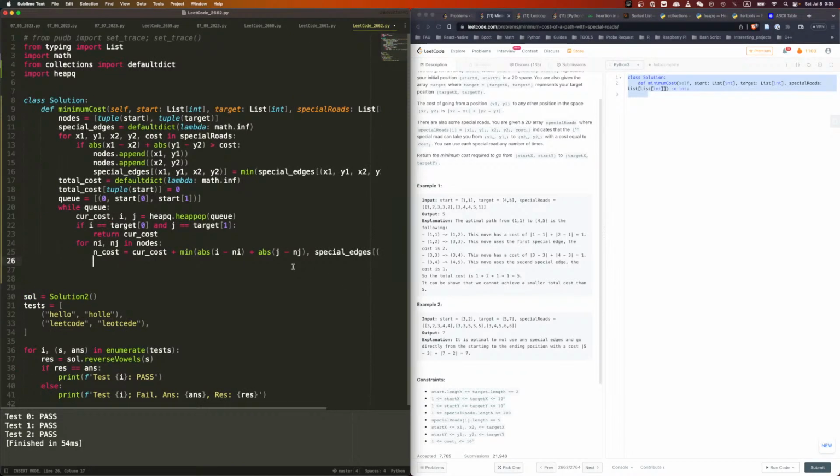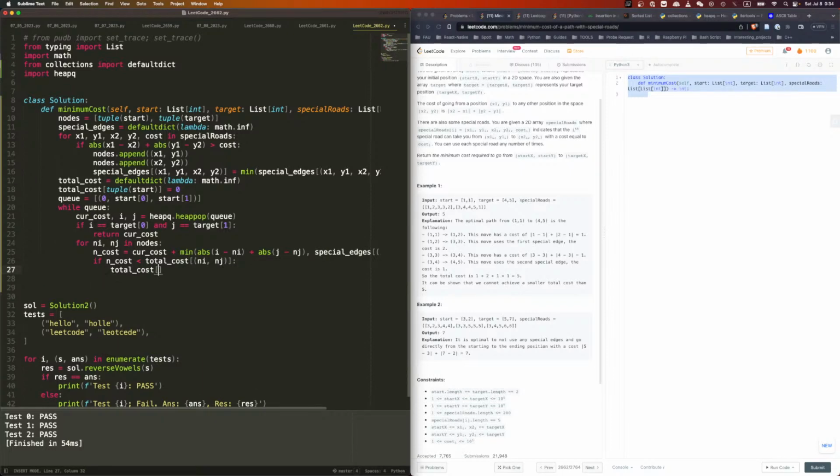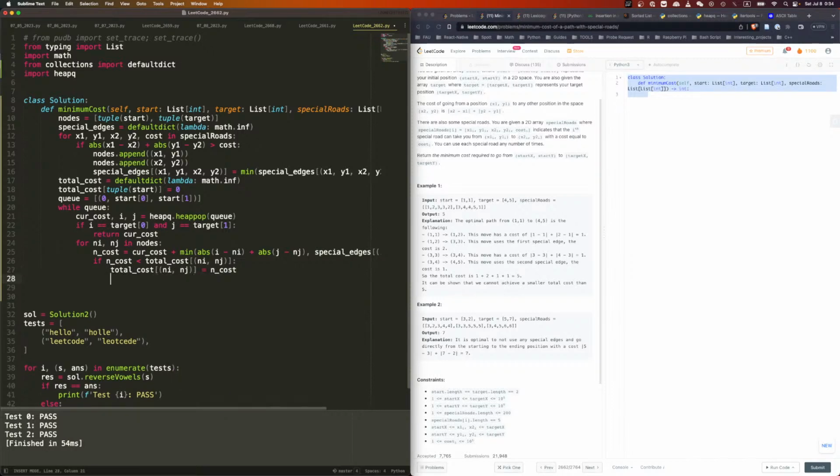Now we say if next cost is smaller than total cost of reaching ni, nj, then total cost of ni, nj equals next cost, and heapq.heappush q next cost, ni, nj.